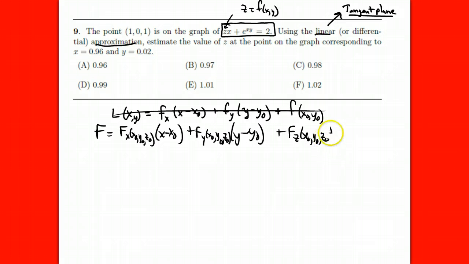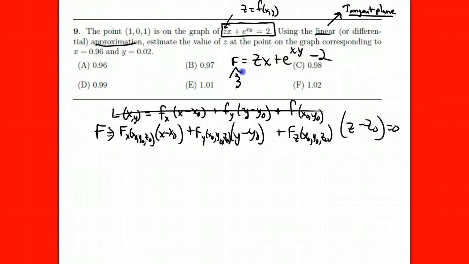So we need to find the equation of the tangent plane, bottom line. It'll be equal to 0. We set the capital F function, zx plus e to the xy minus 2, equal to 0.